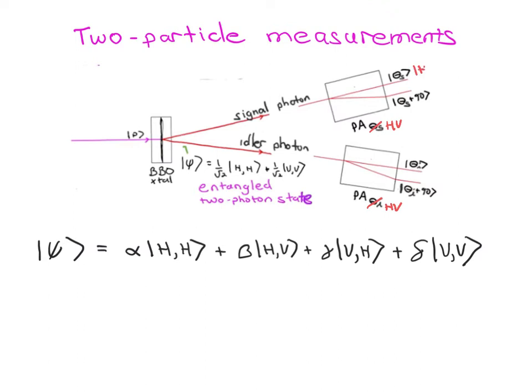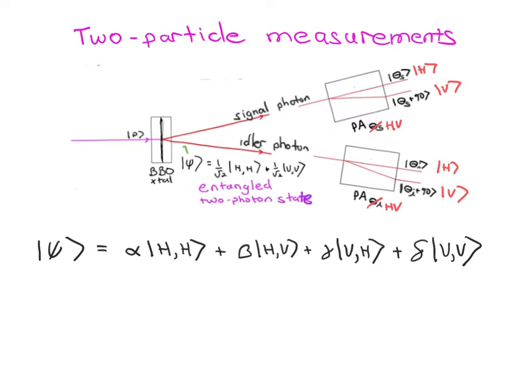This is the H port here, and this is the V port here. Same here. This is the H port, and this is the V port. Now you send your two photon system into this pair of analyzers. And what you'll find is that either you'll get clicks on the two H ports, or you'll get clicks on the two V ports, but never one of each.